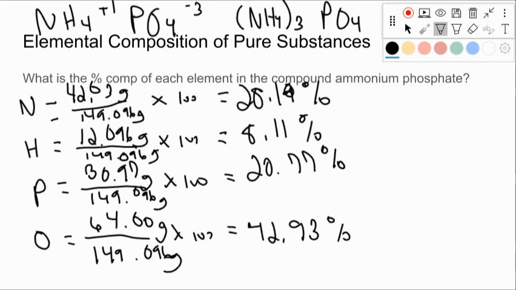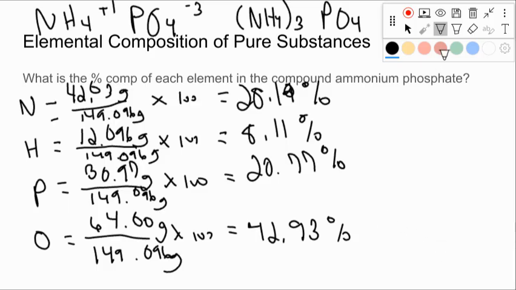Again, it'd be okay if it was a little above or below, as long as it's close to 100%. So what this means is, out of the total mass of this compound, the nitrogen offers about 28% of the mass, hydrogen 8%, phosphorus 20%, and then your oxygen about 43%. So it makes up the biggest percentage of mass in this compound.